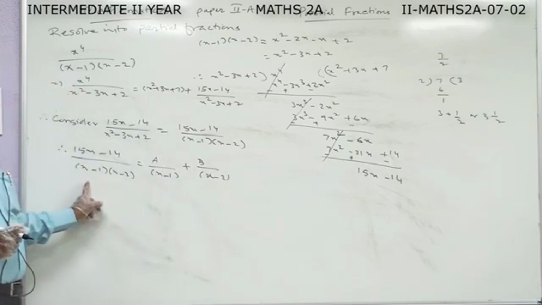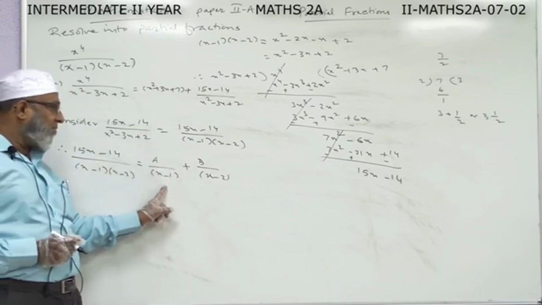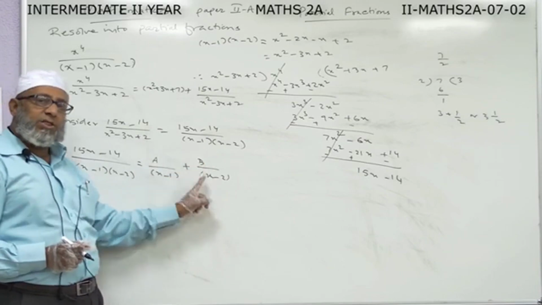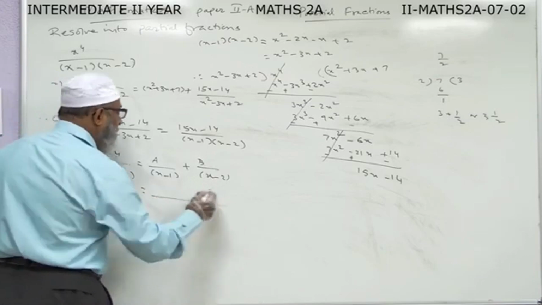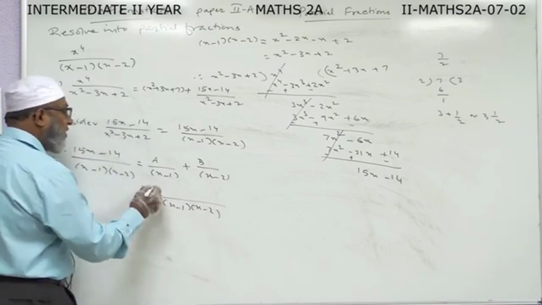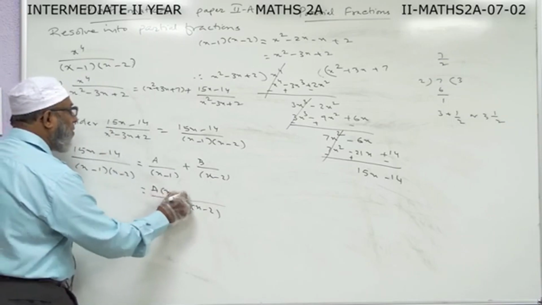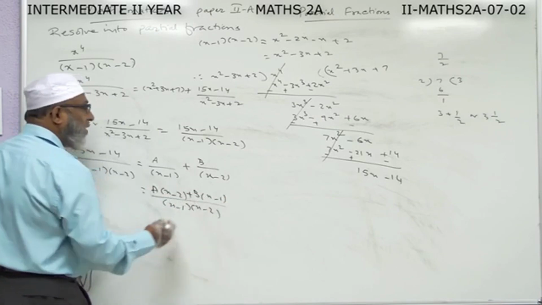This is the linear factor. This is also a linear factor. For the first linear factor, I have taken the substitution as a by x minus 1. For the second linear factor, the substitution will be b by x minus 2. On taking LCM, what happens? The denominator is x minus 1 into x minus 2, and the numerator becomes a into x minus 2 plus b into x minus 1.